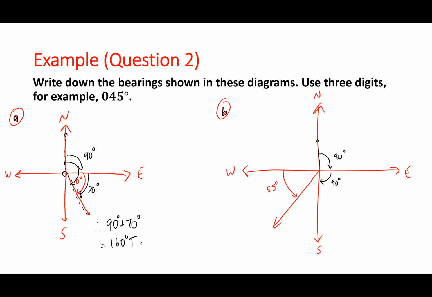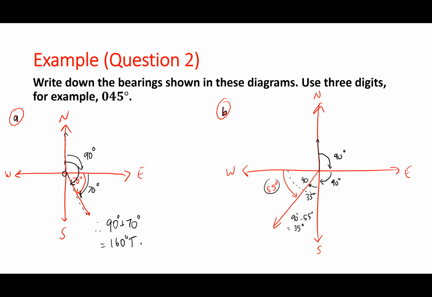Then we can ask, what's this angle in here? We know that this whole angle must be equal to 90 degrees, and we already know that this part is 55. So what do we have left over? It's 90 minus 55 degrees, which gives us 35 degrees.